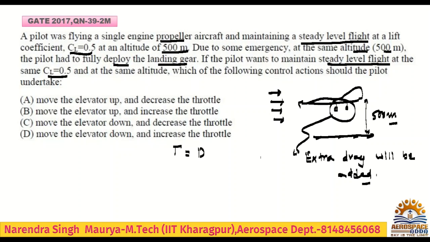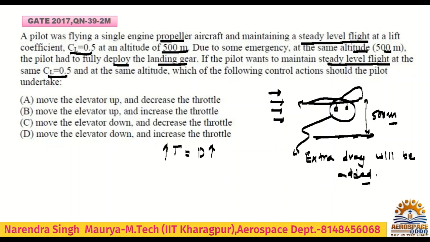Because of the deployment of the landing gear at 500 meter due to some emergency, drag will be added, hence drag will increase now. So obviously you need to increase the thrust.